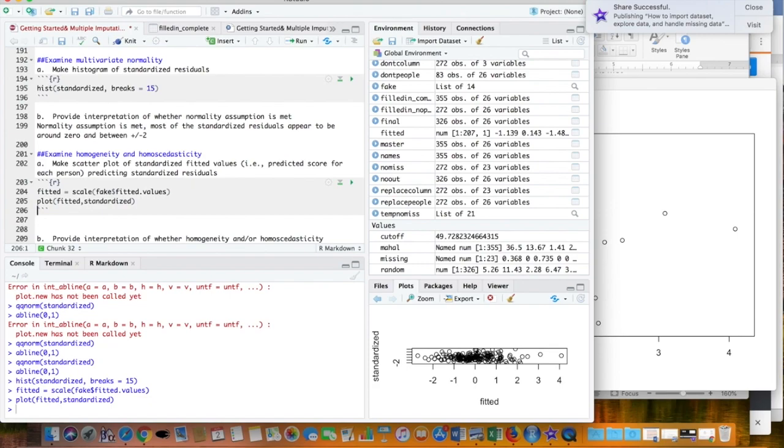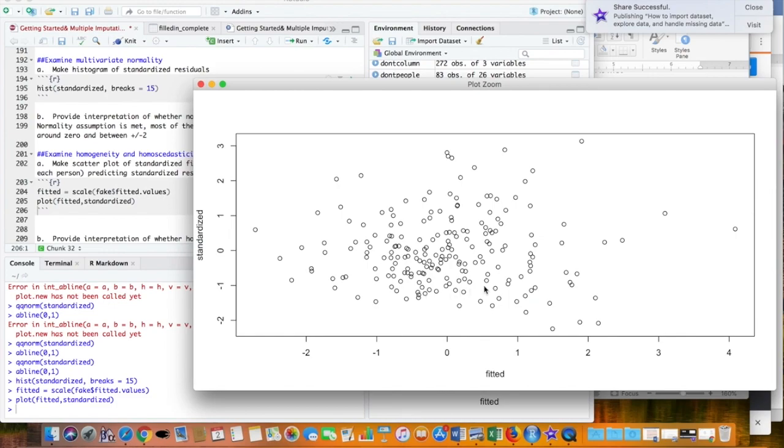Let's zoom in. And so again, the x-axis is going to be the predicted score for a person. These are standardized fitted values, and the y-axis is the difference between the predicted score and the person's actual score.